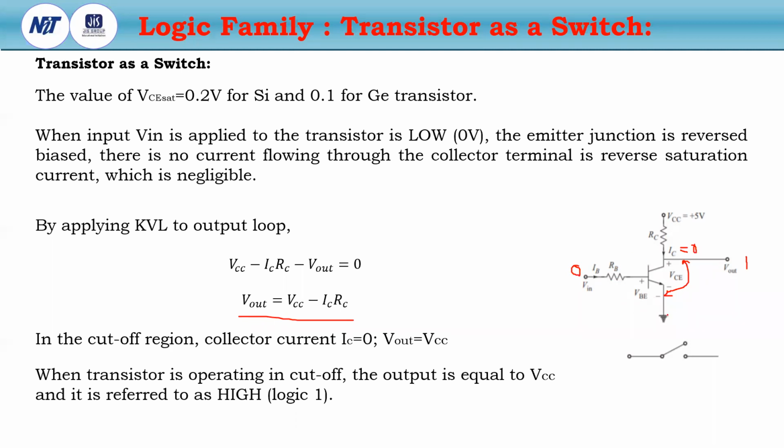The emitter junction is reverse biased, and only the reverse saturation current is flowing, which is very much negligible. So if we take the KVL, then we will get Vout is equal to VCC minus IC RC. As in the cutoff region IC is equal to 0, we will get Vout is equal to VCC as logic 1.